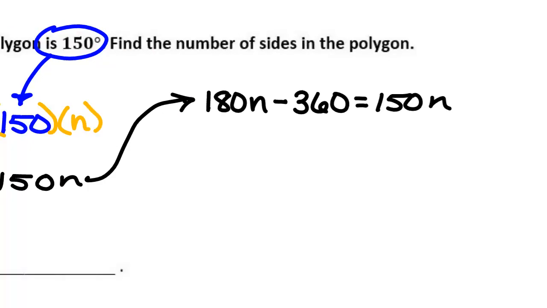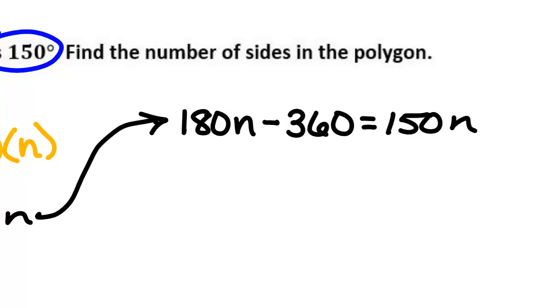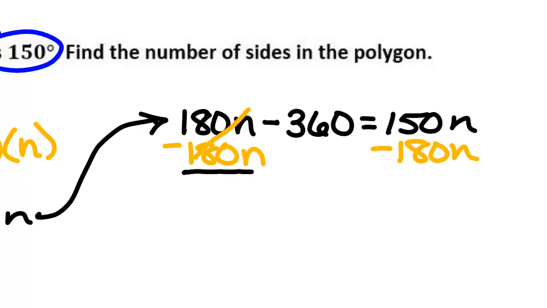What do I do now? Subtract what? Subtract 360? Subtract 180n. We can do that. You could add 360 to both sides if you wanted to. That adds an extra step to the problem, but it's not wrong.